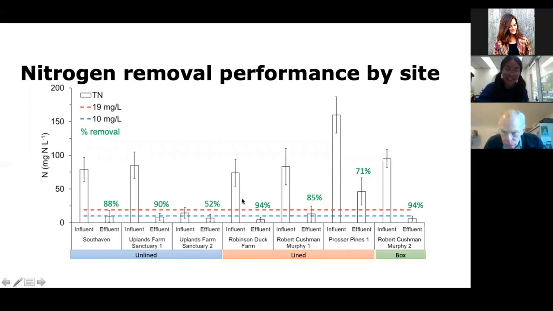So this red line here is the 19 milligram per liter standard, and all of our systems except for Prosser Pines 1 are meeting that standard. And this blue line is the 10 milligram per liter standard that the center sets internally, and all except for 2 of our systems are currently meeting that. However, if we look at the average by the system type, they're all below 10.